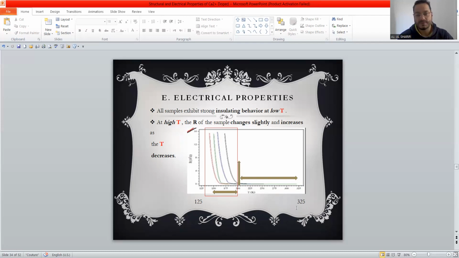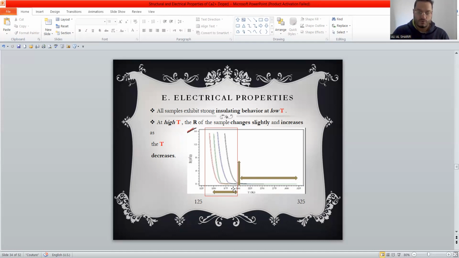All the samples exhibited strong insulating behavior. In which state? At low temperature, started from 200 until, let me say, more than 125.